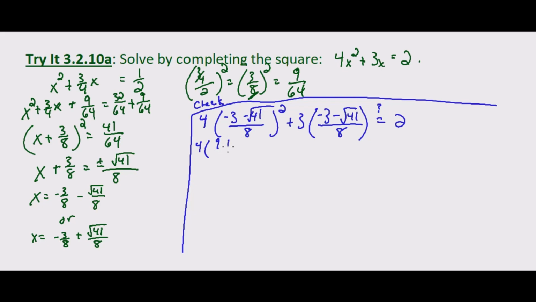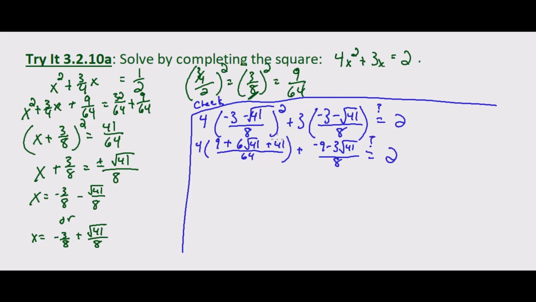We have that twice, so this would be plus 6 times the square root of 41, plus 41, all over 64, plus negative 9 minus 3 times the square root of 41 over 8. We want to know again, does that equal 2?